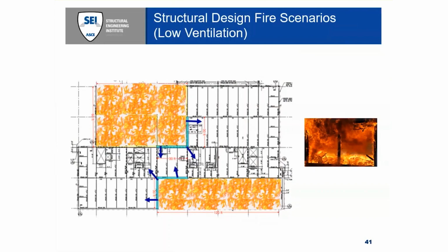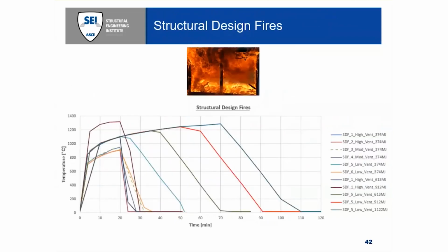So we felt that these 6 fire scenarios, and again, there are 2 that are sort of moderate ventilation that we also looked at, effectively bound the problem for this given building. So considering the 6 scenarios with elevated fuel load levels, we calculated 11 structural design fires and their time-temperature histories that we need to consider.